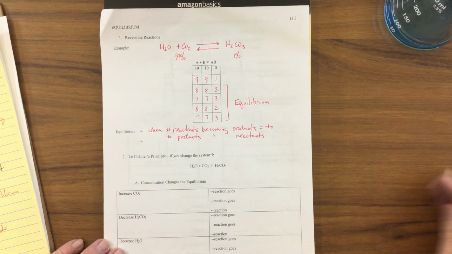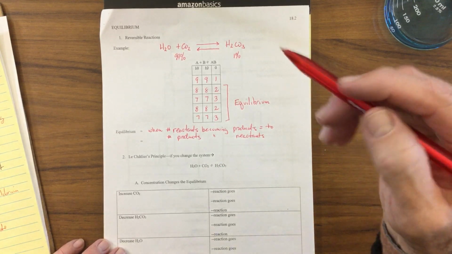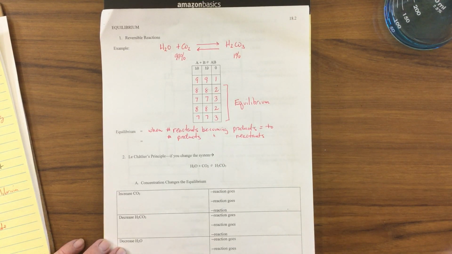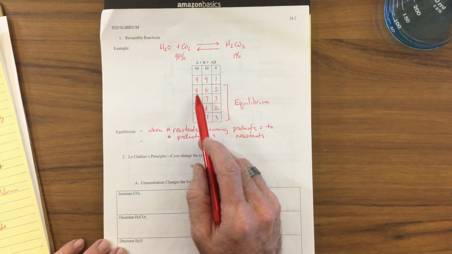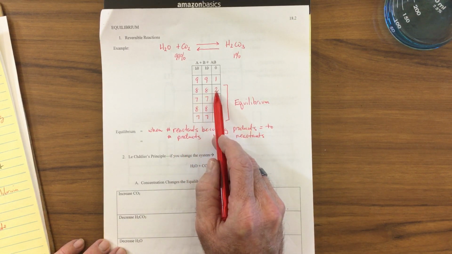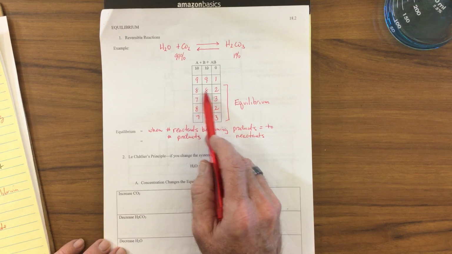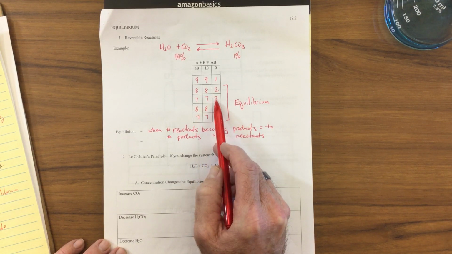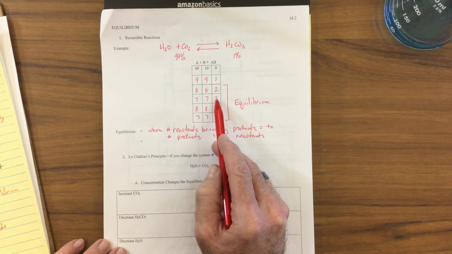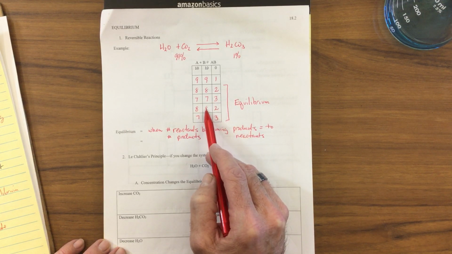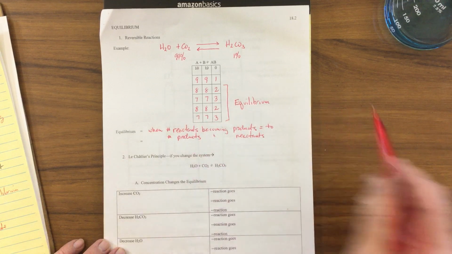So let me explain this again. Going back to the number of reactants here, we have reactants that are becoming products, and we have one of each becoming the product. Okay, then the product falls apart, and it produces one of each to go back to the reactants.